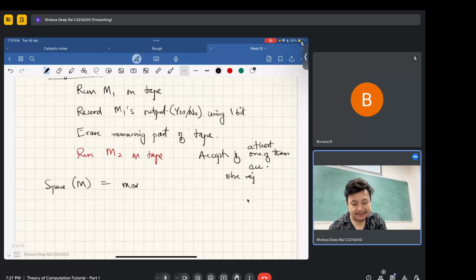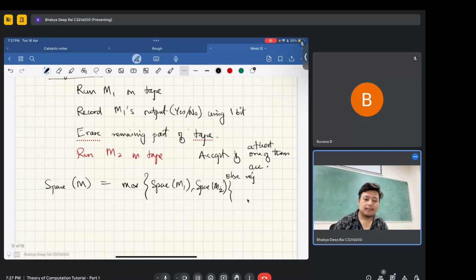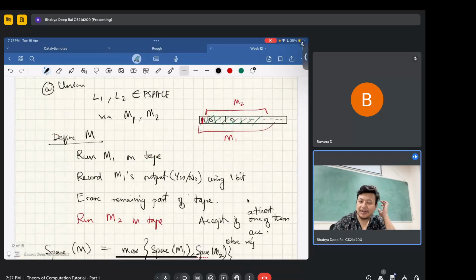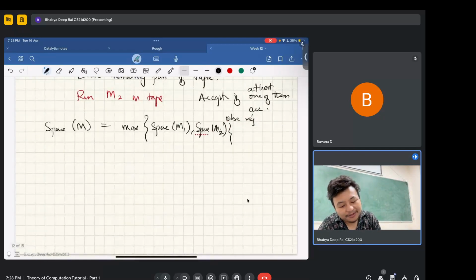It is the maximum between the space taken by M1 and the space taken by M2, because that is the maximum amount of space you are using. And since both are polynomial, this is polynomial and this is also polynomial, the total space taken is also polynomial.